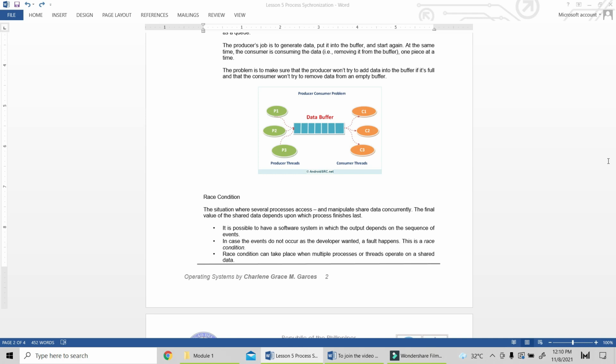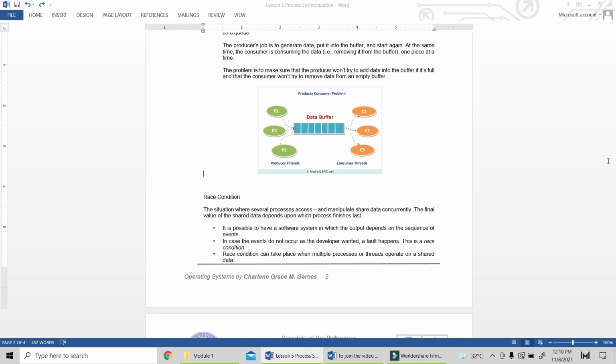So it is possible to have a software system in which output depends on the sequence of events. Meaning, in this case, the events do not occur as the developer wanted them to in that system, and then that fault is considered to be a race condition.